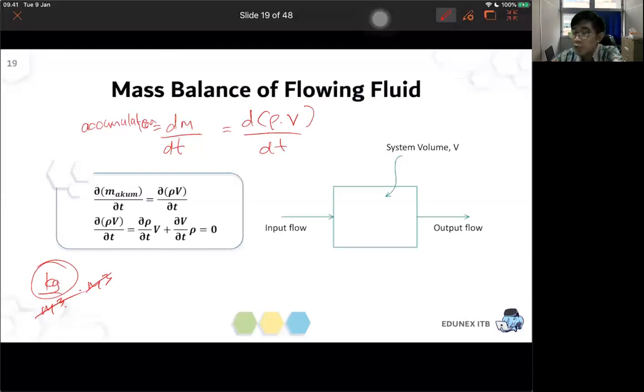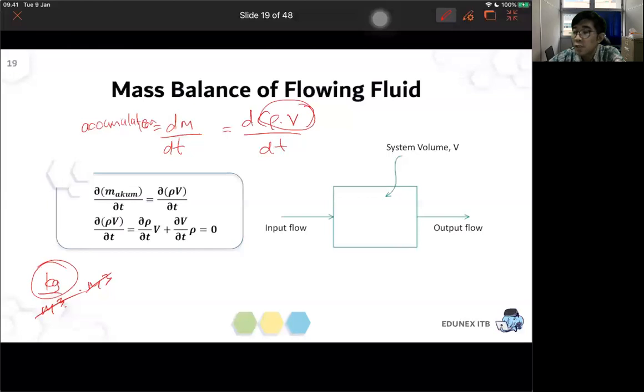In the general case in the real world, the density and the volume of the flowing fluid will be changing along the axial length, along the travel of the fluid, along the flow of the fluid, maybe because of the changing of the pressure and also the changing of the temperature. The density will change, hence the volume will also change.